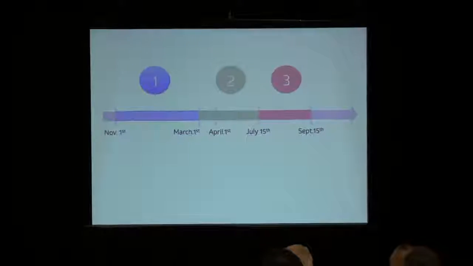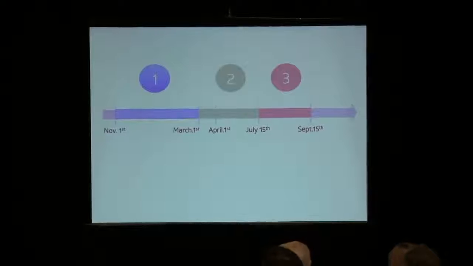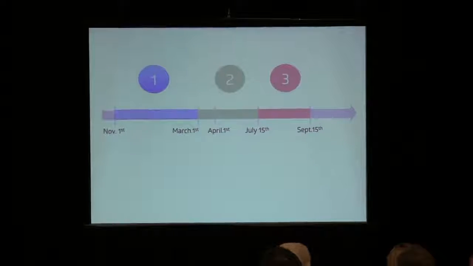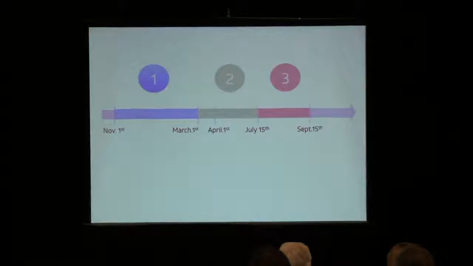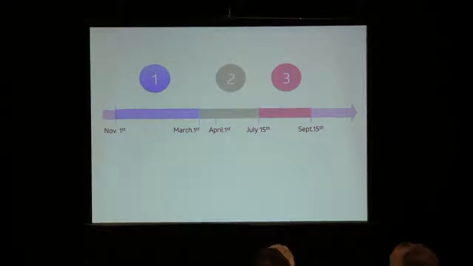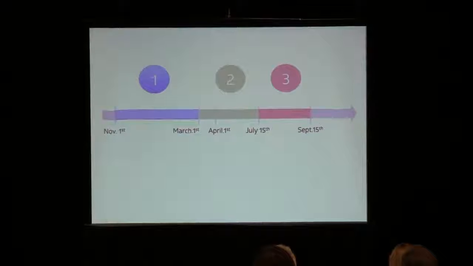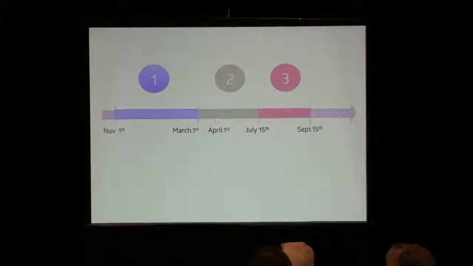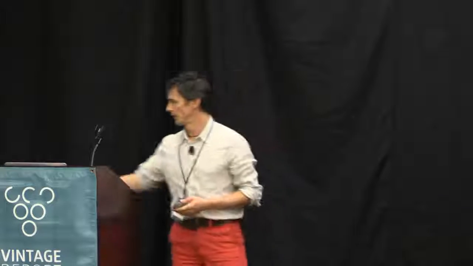The blue period starts with leaf fall and unfolds basically until bud break, which typically occurs between March 1st and April 1st. Then the second period focuses on the vegetative development of the plant, which sets the ground for fruit composition later on, which will happen during period 3 up until harvest.